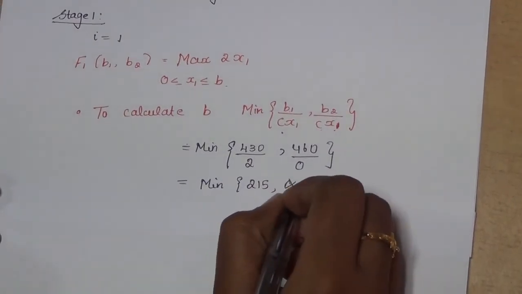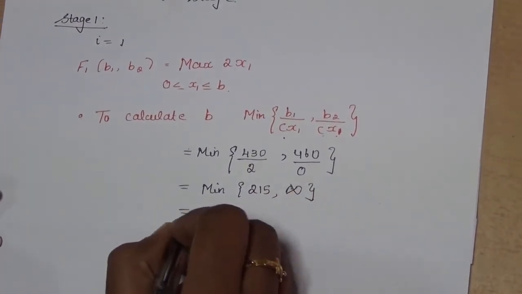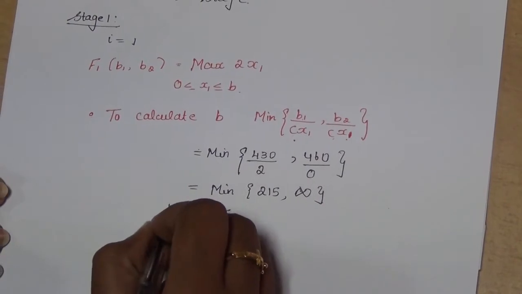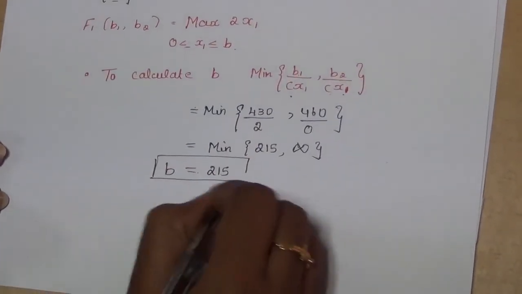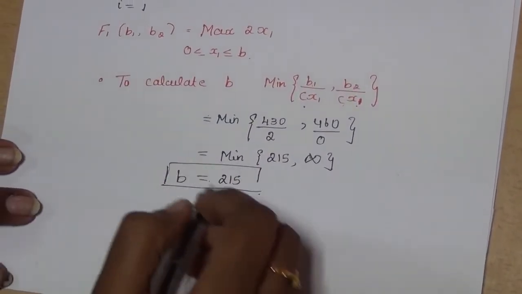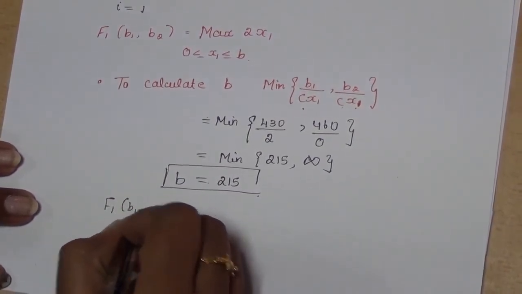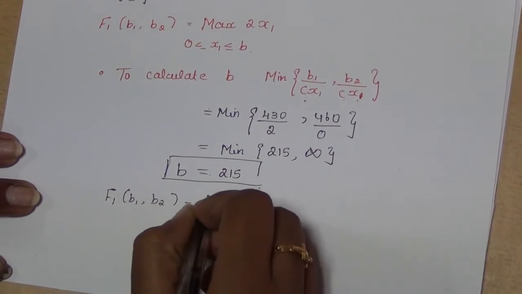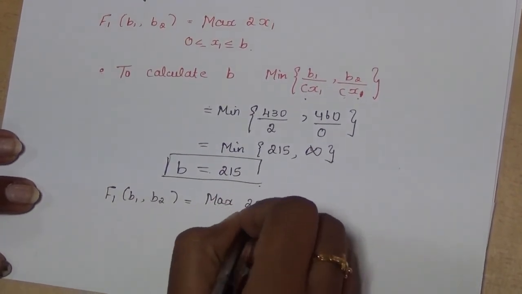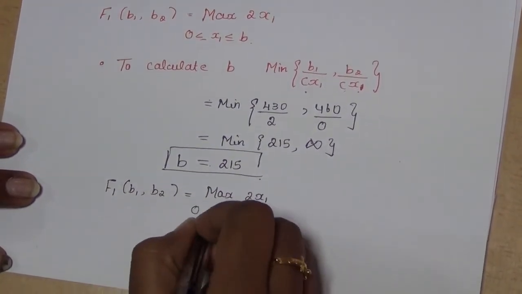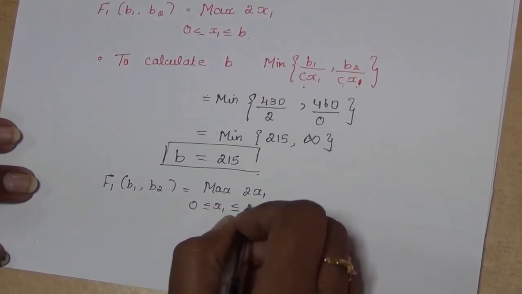Anything divided by 0 will result in infinity. So the final value is 215. We substitute this b in the function. f1 of b1, b2 is equal to max of 2x1, where the limits vary between 0 and 215.